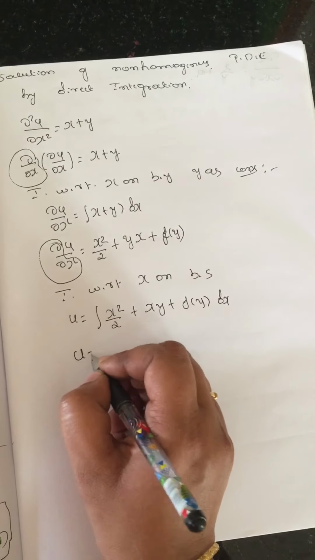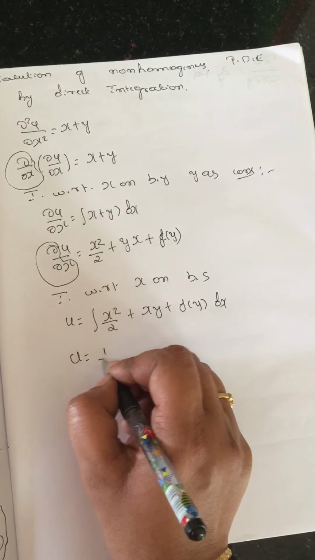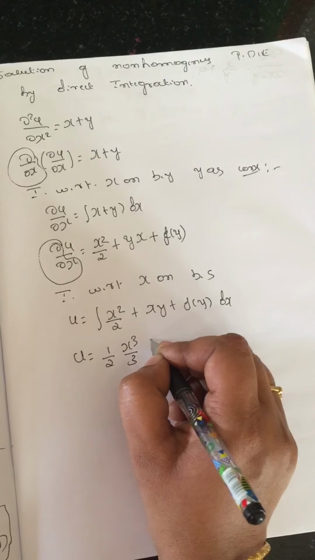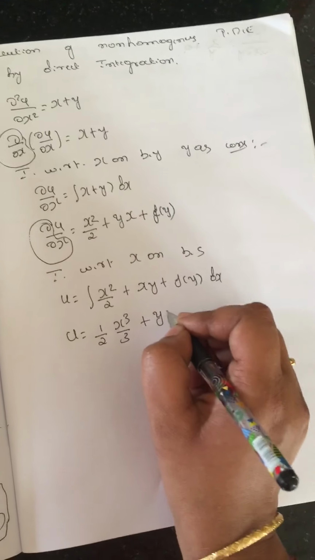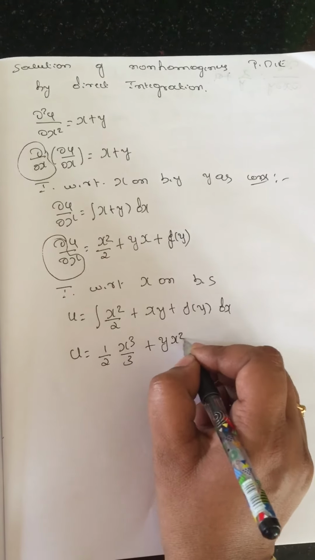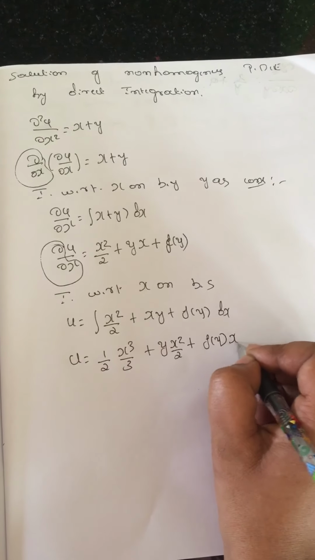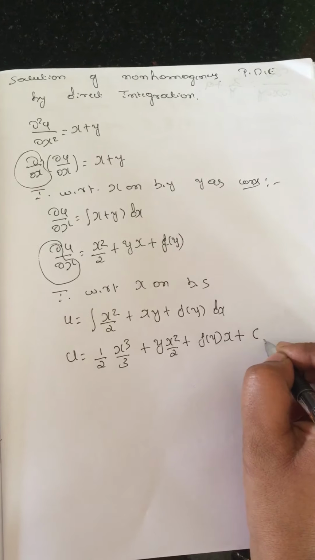That is u is equal to, 1 by 2 is constant, integral of x square is x cube by 3, plus y is constant, integral of x is x square by 2, plus f of y is constant, integral of constant is x, plus an arbitrary constant.